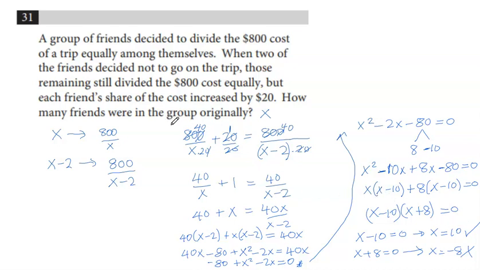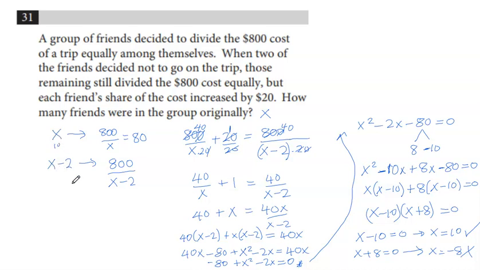And you can go back and cross-check, right, using this equation here. So if there were 10 originally, they were going to divide the $800 amongst themselves. So each one was going to pay how much? $80, right? Now this has reduced to what?